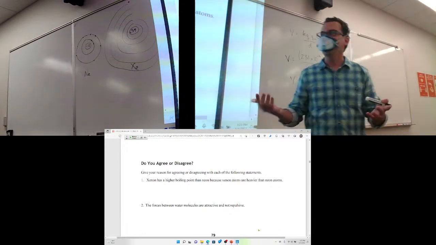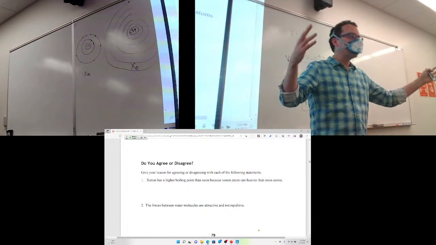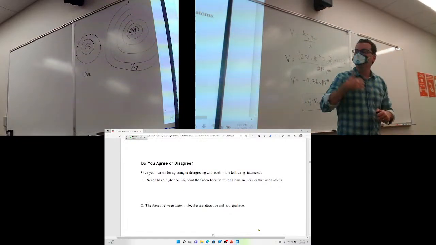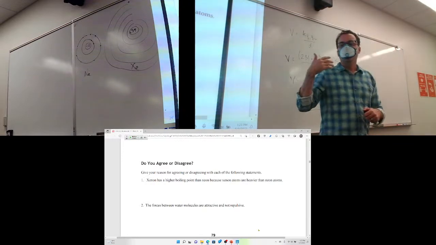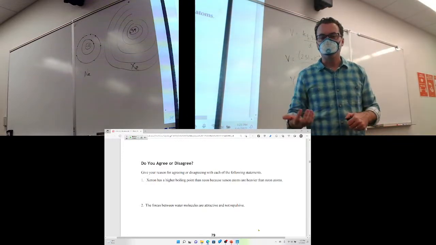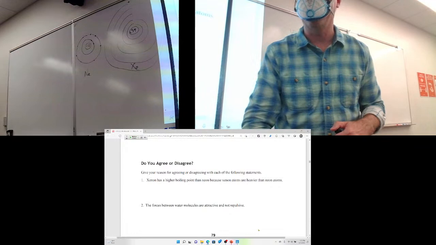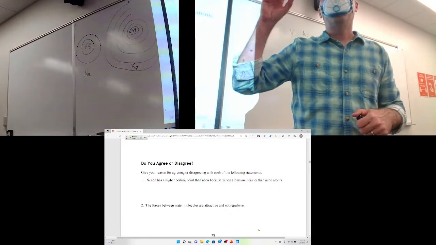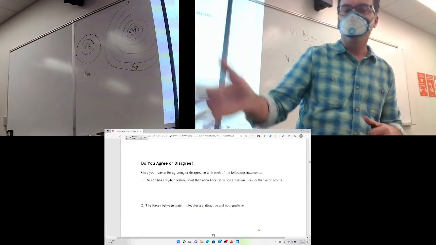So it's all probability. So more surface area, longer chains are going to make more dispersion forces, and so have a higher boiling point for that reason. So yeah, I like the idea of more kinetic energy required, but it's not the main reason.